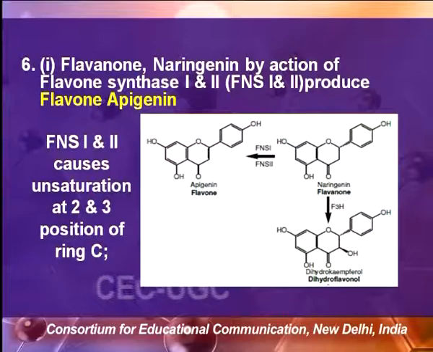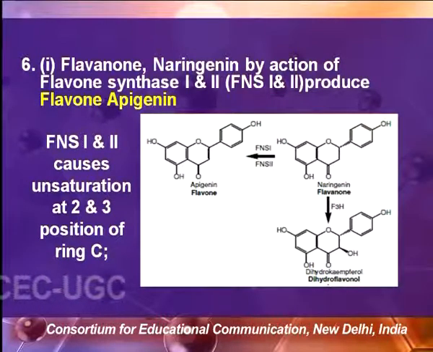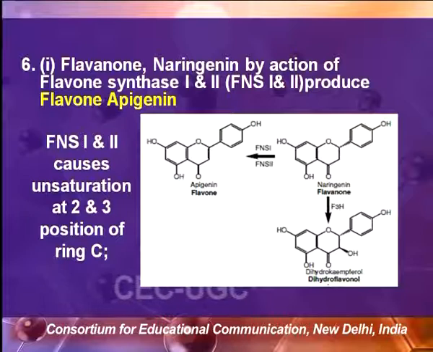As you can see in the slide, naringenin is acted upon by FNS1 and FNS2, and there is no double bond in naringenin, and after action by flavone synthase, there is an introduction of a double bond in the ring C.